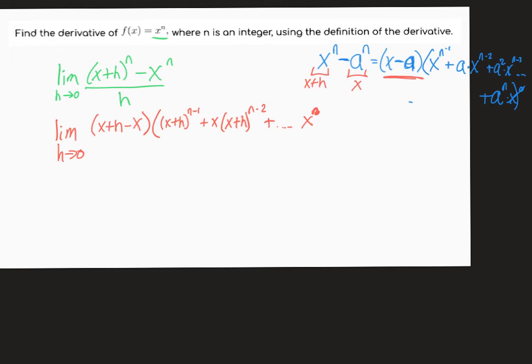And I think that should be n minus 1, and that should be n minus 1 over there too. That's my mistake. Okay, we're going to come back to that in just a minute.